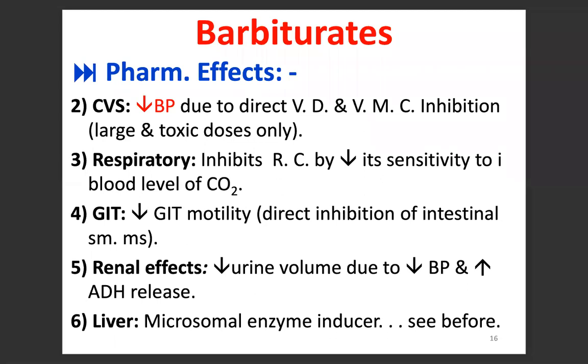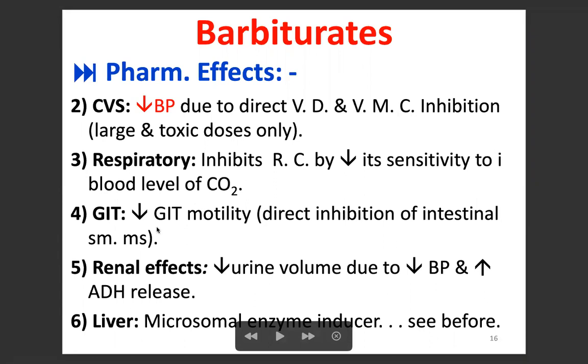Remember, the pharmacological effect on the cardiovascular system is a decrease in the blood pressure due to direct vasodilation and vasomotor center inhibition, VMC. In the respiratory system, it inhibits the respiratory center, RC.